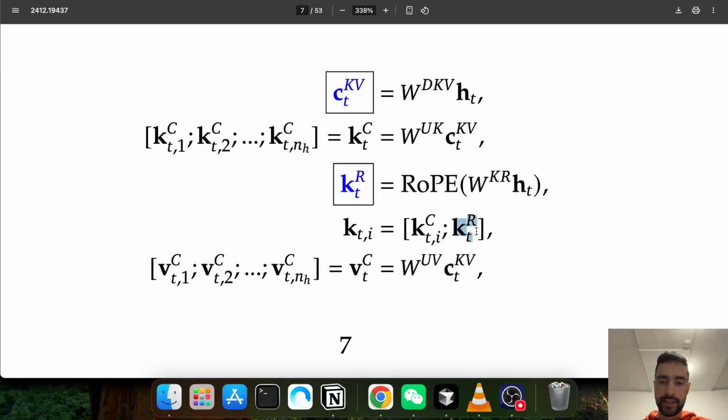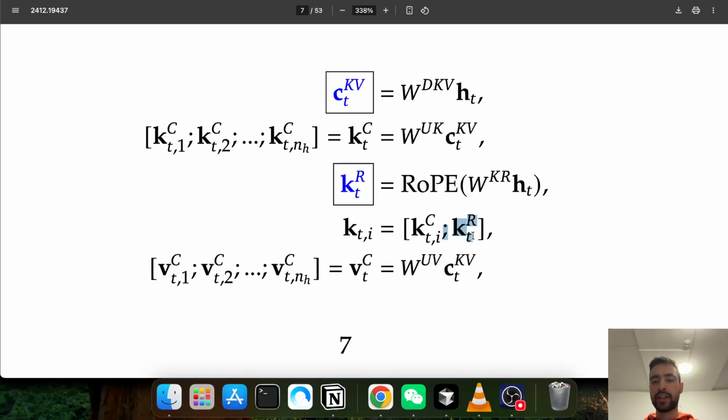Now, what is this? So we are concatenating. This holds information about the position in the sequence. So it says like you are the third word in the sequence from the beginning, or from some other word.